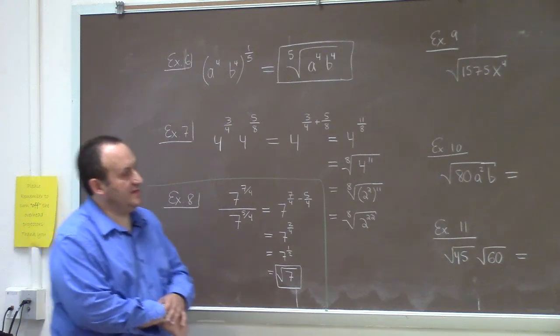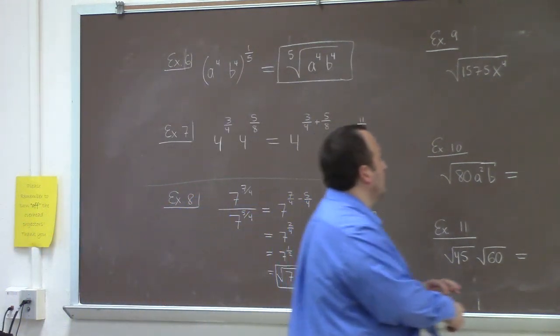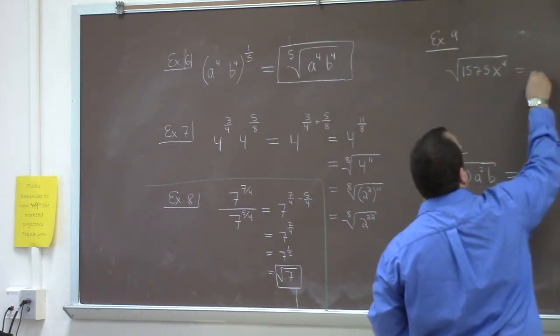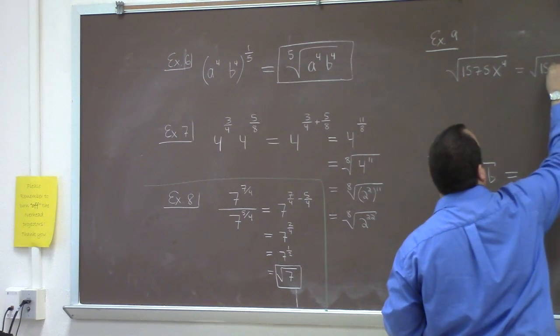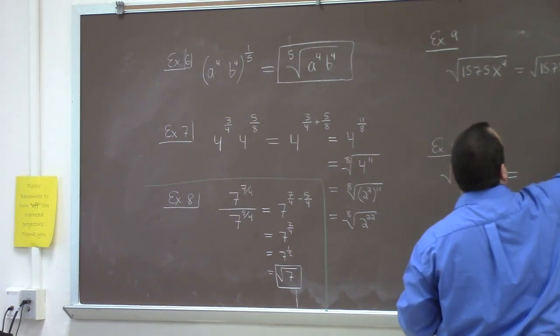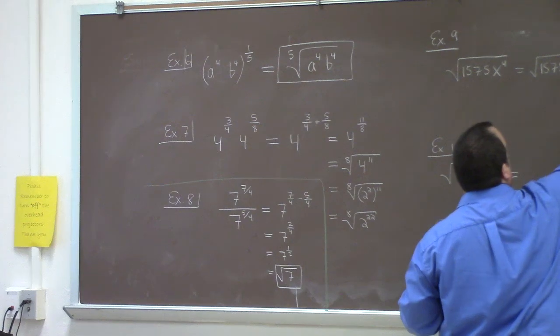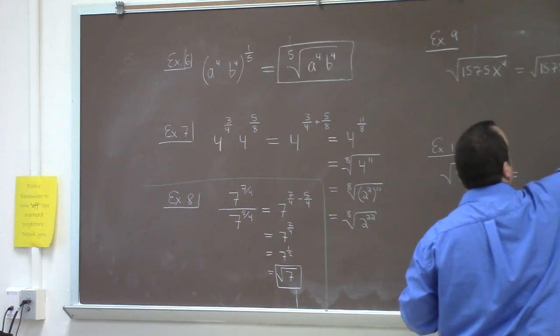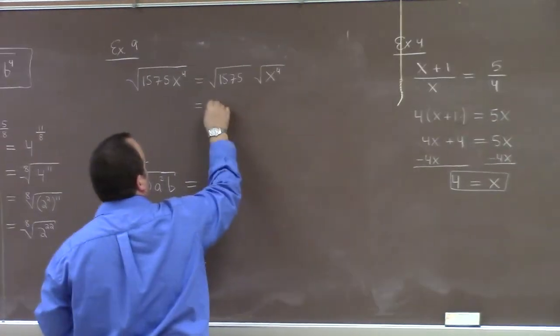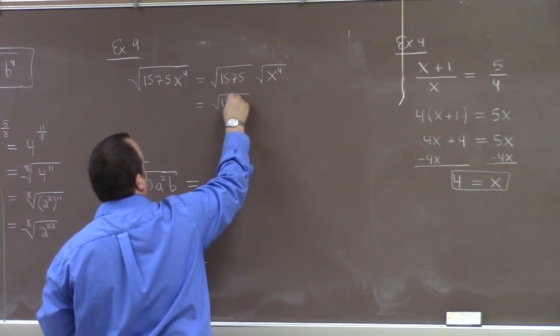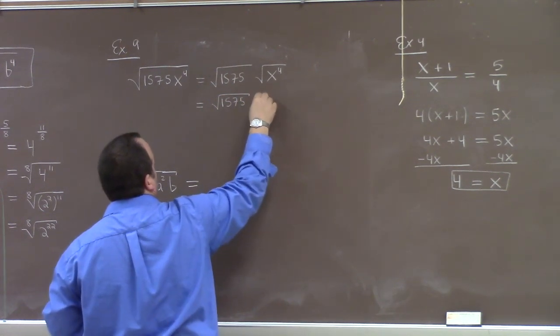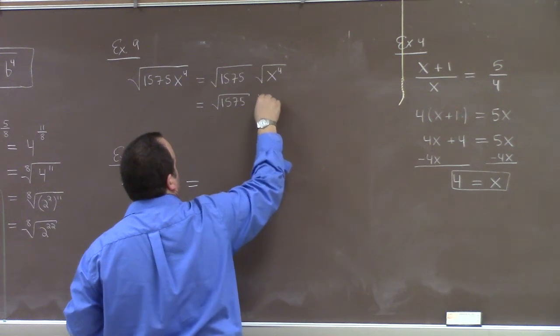Now, how about this exercise 9? So I would first of all say, well, that's the square root of 1575 times the square root of x to the 4th, right? But what is that? We could write that as the square root of 1575, whatever that is, times x to the 4/2.